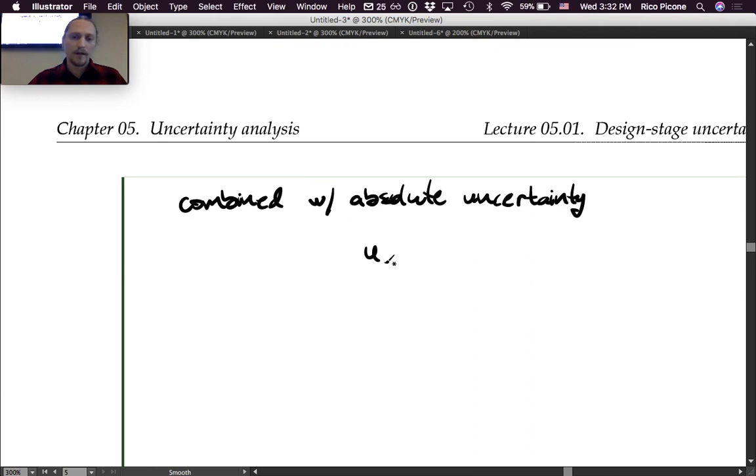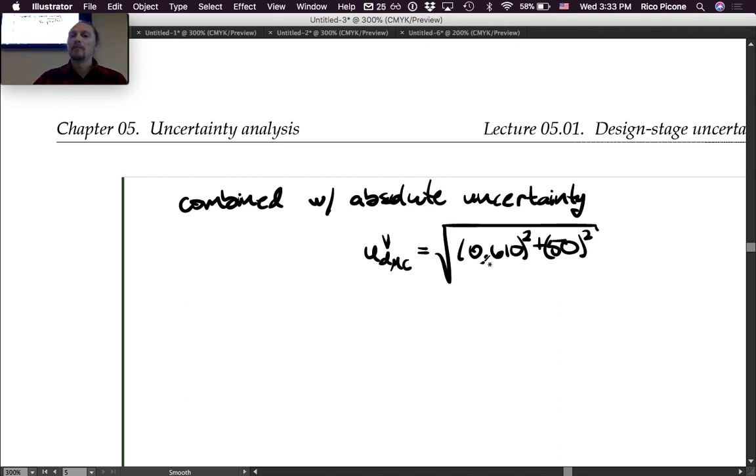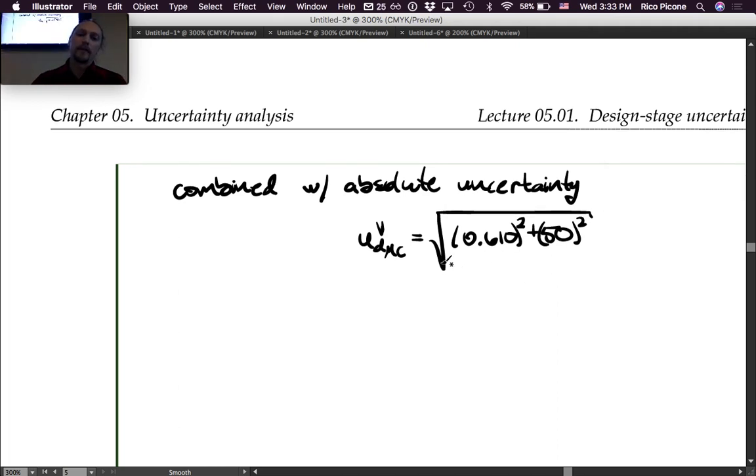So we have ourselves U design for the microcontroller in terms of voltage equals square root of 0.610 in millivolts squared plus 50 in millivolts squared, which, notice that 50 is much larger than 0.6, and within the significant digits we're working with, this is just 50 millivolts.